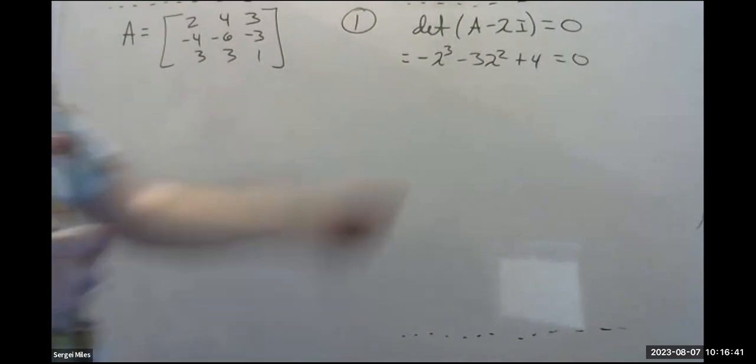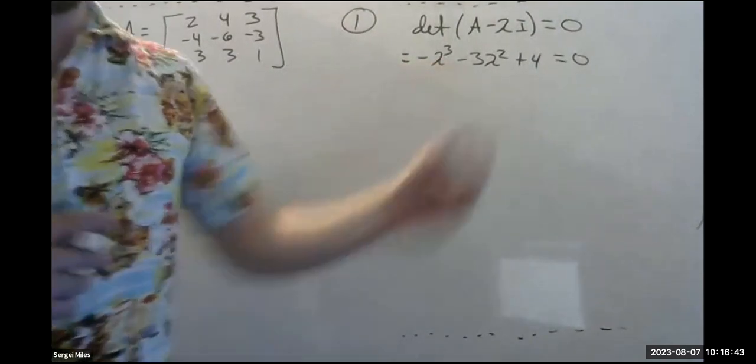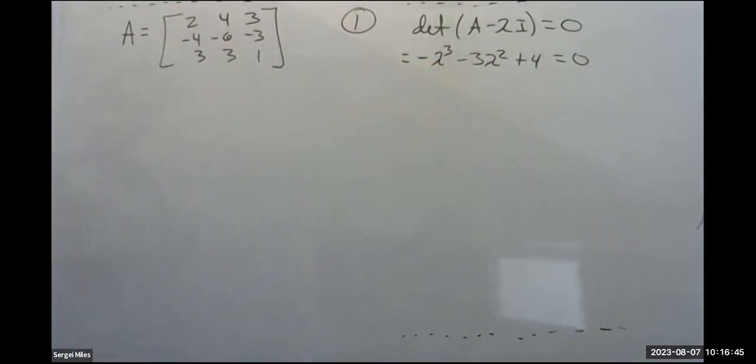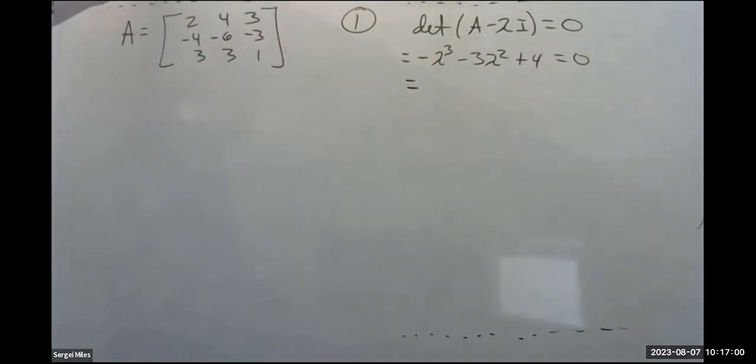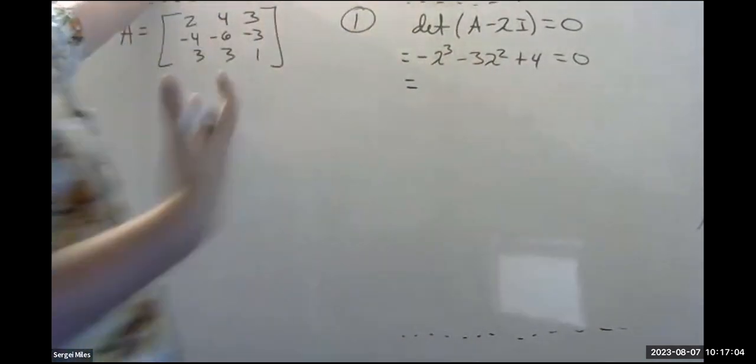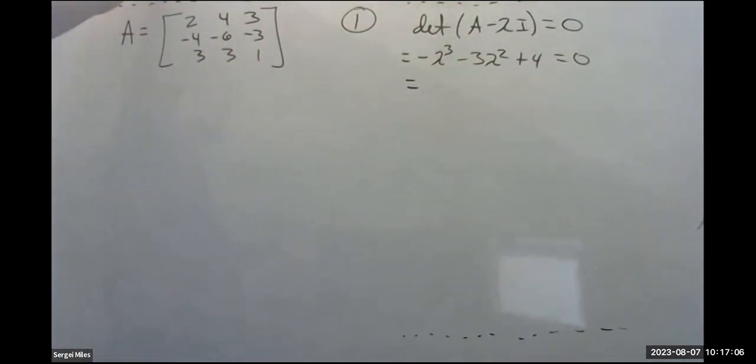Now, unfortunately, this is not a quadratic. This is now a third-degree polynomial. So we don't have a quadratic formula that we can use here, but we can factor it. Again, just for the sake of time, I'm going to skip over the factoring. If you've taken pre-calculus or college algebra, you would have learned how to factor this by finding the roots, a place where this equals 0.